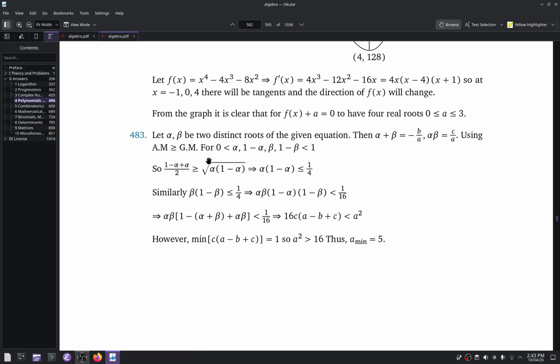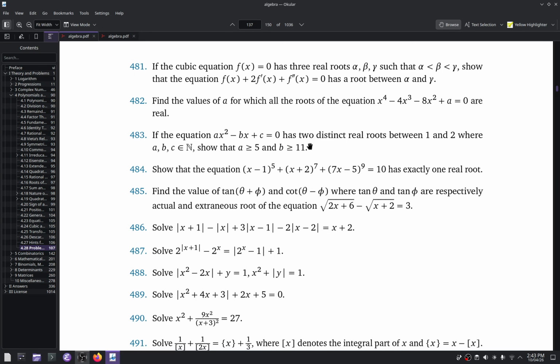So if you look at the previous video, you will see that the problem was, let me do the text selection, this one. That is 0 less than alpha, 1 minus alpha, comma beta, comma 1 minus beta less than 1. This is incorrect. The reason is that it says roots are between 1 and 2.